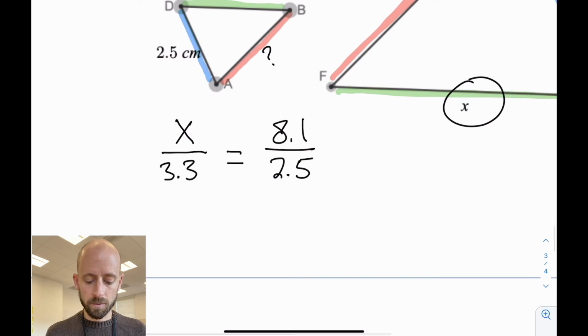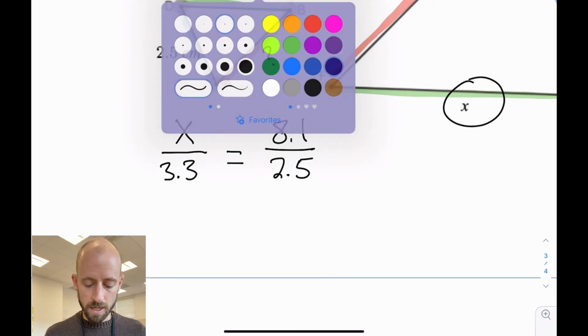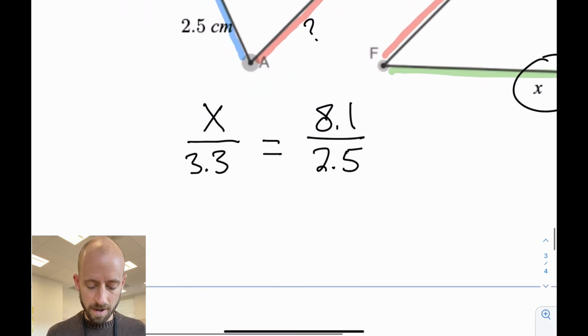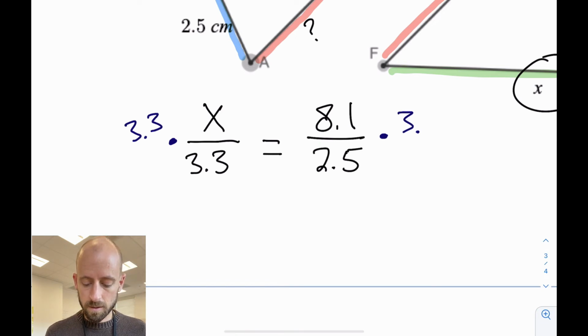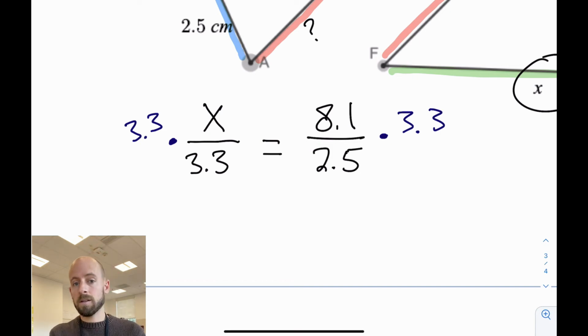What that requires us to do is get rid of this divide by 3.3. That says x divided by 3.3. To get rid of a divide by 3.3, I'm going to multiply times 3.3 on both sides. In algebra, we multiply or divide or add or subtract evenly to both sides. I don't want to do something to just one side of the equal sign and not to the other.